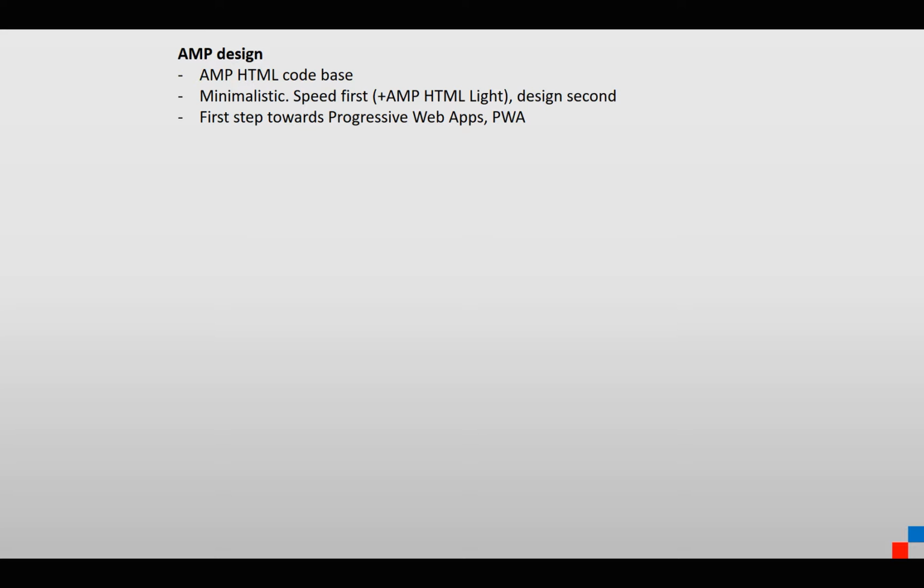AMP is also a first step towards a new category of apps called progressive web apps, abbreviated PWA. Progressive web apps are the next iteration of mobile apps that will also blend into the desktop at some point. But the gist of it for a progressive web app is that you can now run an app experience from the mobile web browser.